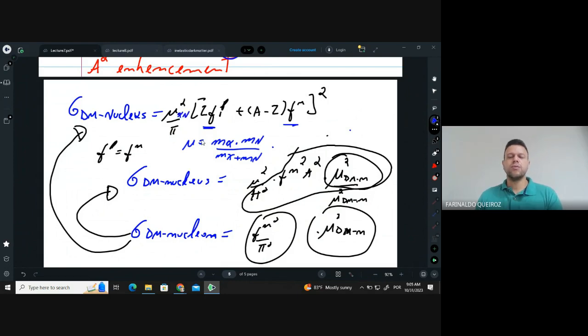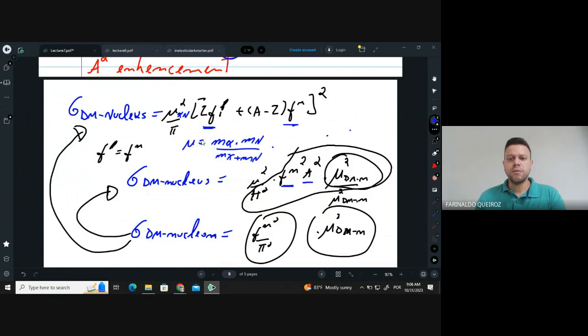What the experiments report is not the constraint on the dark matter nucleus scattering, but rather the constraint on the dark matter nucleon scattering. So what they do is assume that Fp is equal to Fn, so dark matter couples to protons and neutrons in the same way. In this case, the Z dependence goes away, and you have just an Fn squared A squared dependence that governs the dark matter nucleus scattering.